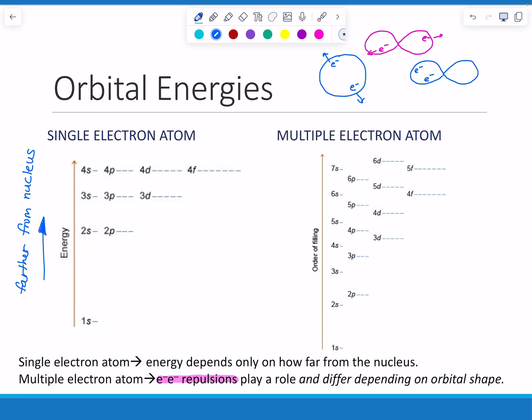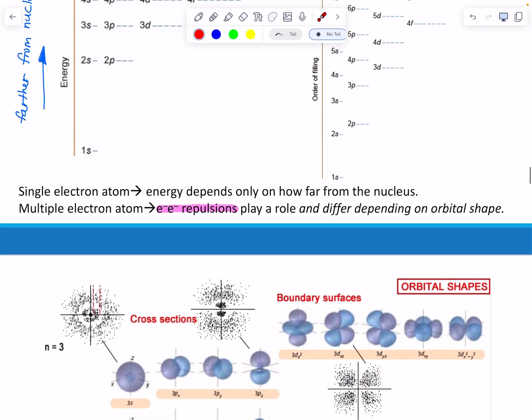But if I look at this electron here, and this electron here, they're going to repel one another. If this electron decides to go this way, it's going to enter a region where there's no probability it's going to be. So it's going to have to go somewhere else. So the rules about where it can go are more complicated.